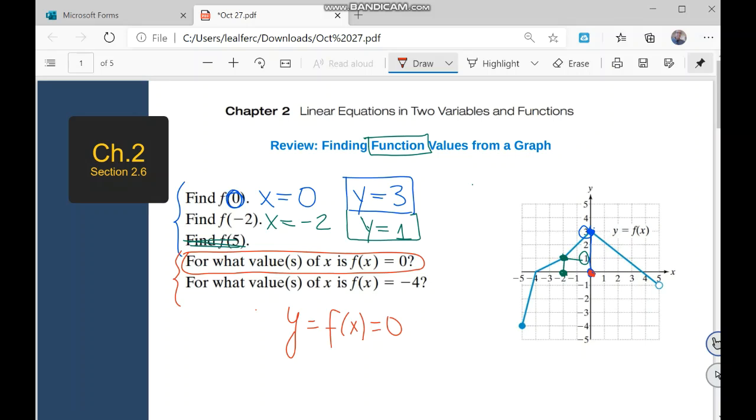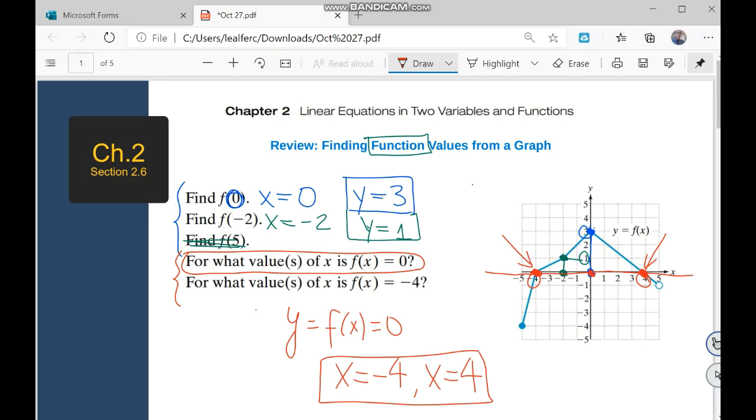Draw a horizontal line, and you're going to find the intersection, and in this graph, for this function, you're going to have two different intersections. Here, x equals -4, and there x equals 4. So x equals -4 and x equals 4. That's it. Review from yesterday.